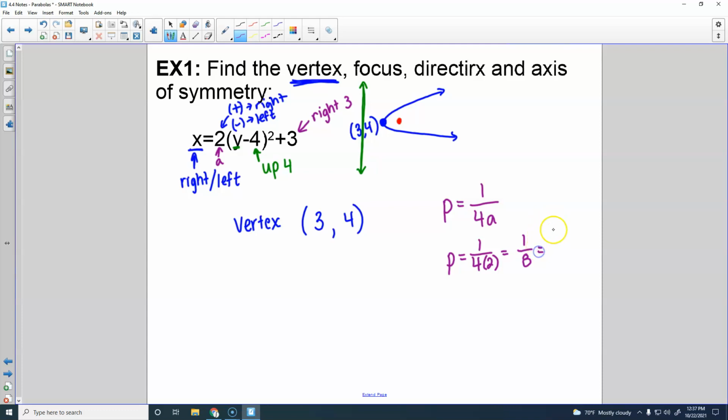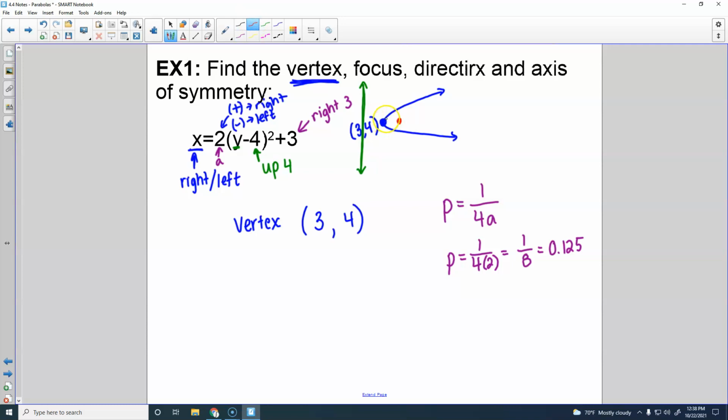Just because it's a little bit easier here, I'm going to make that a decimal. So I believe that's 0.125 as a decimal. Your textbook, when you get to the work for this, is probably going to use fractions instead, but it's okay with me if you use decimals for these, because I'm mostly concerned with your understanding of what these are and where they are, rather than your ability to add and subtract fractions.